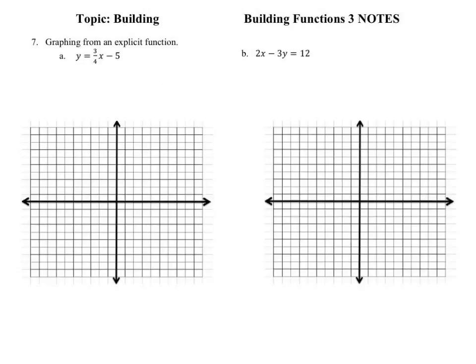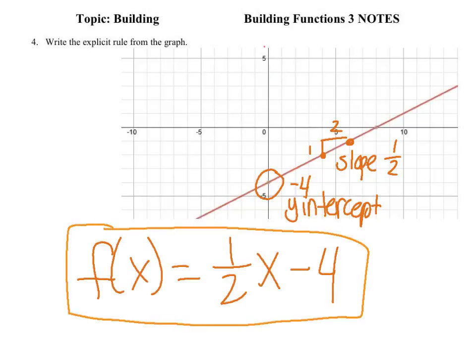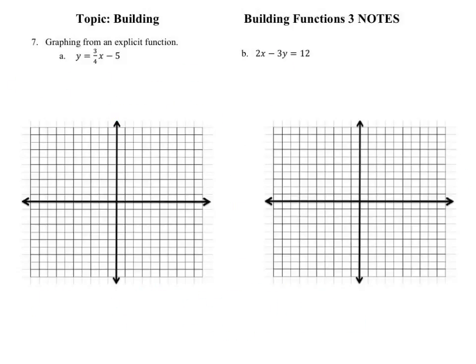So if you remember, back in question 4, we were given the graph, and we had to find the function. Now, in question 7, we are given the function and we need to graph it. So look at the function. This looks a lot like f of x equals my slope x plus my f of 0, or my y-intercept.